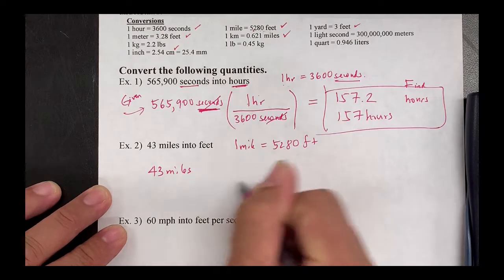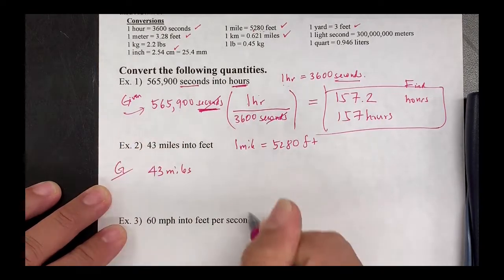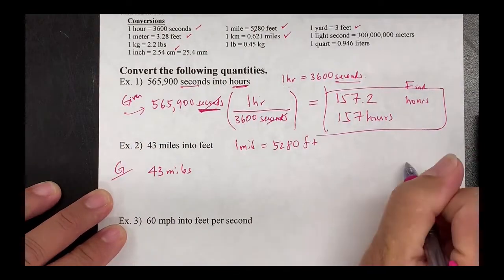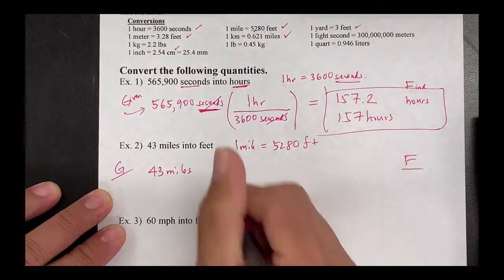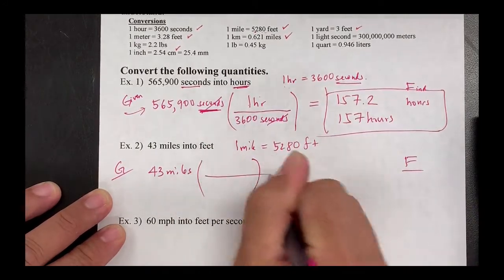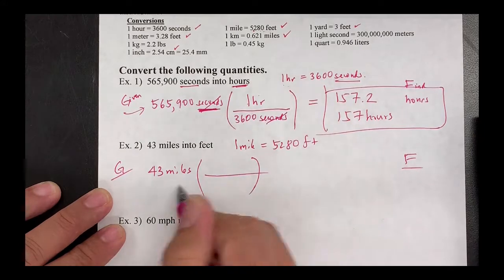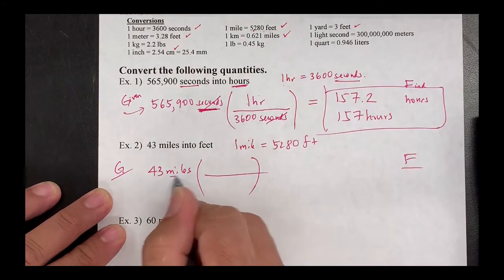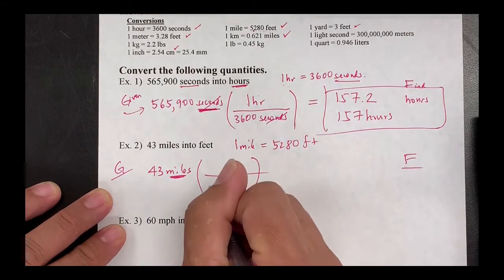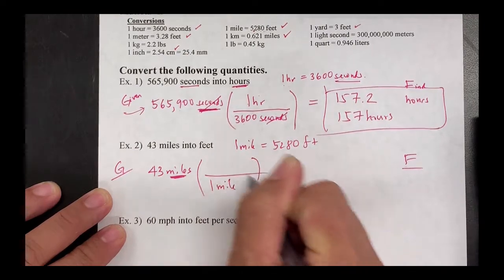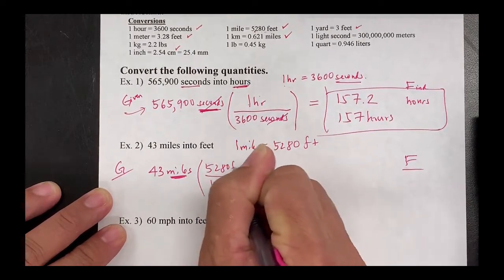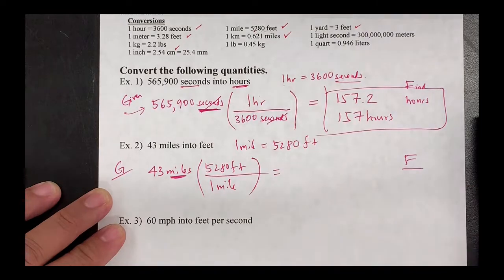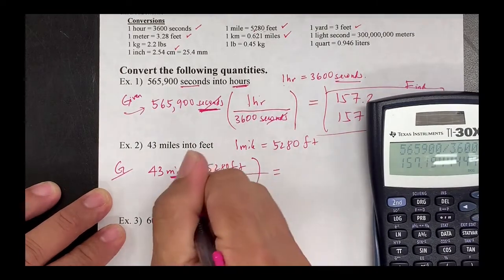So this is 43 miles. Again, this is the given. Goes over on this side. What we're trying to find goes on the other side. And then when I do my conversion, again, I make the decision what belongs in the denominator, and because miles is given, I want to cancel it out. I put the 1 mile on the bottom, 5,280 feet on top, and then the miles will cancel.